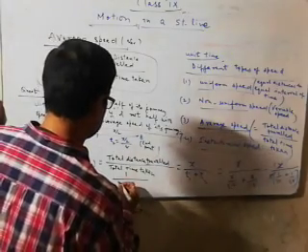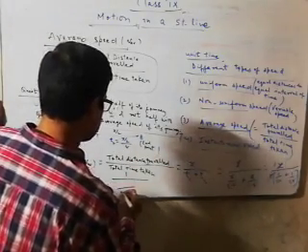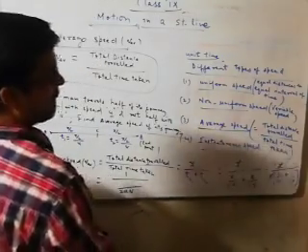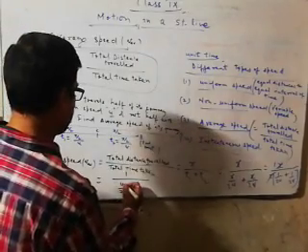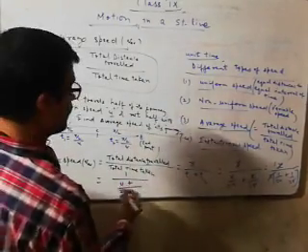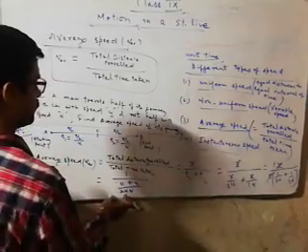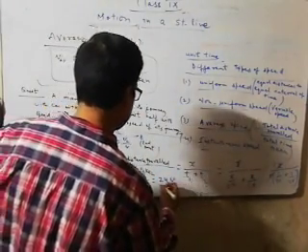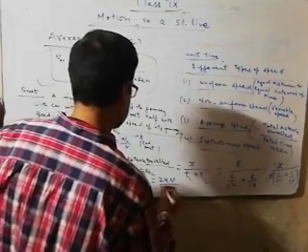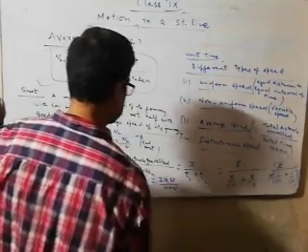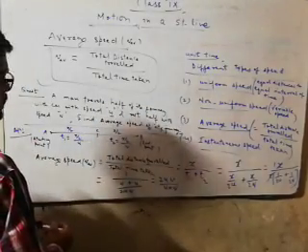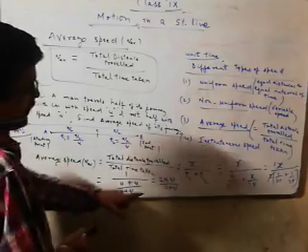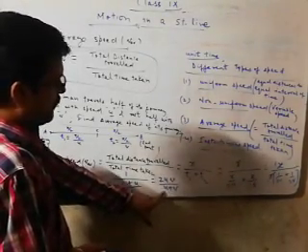That means the LCM will be 2uv. So we can get v here and then we can get u. So we can get the answer 2uv by u plus v. So this is our answer. Average speed in this case is 2uv divided by u plus v.